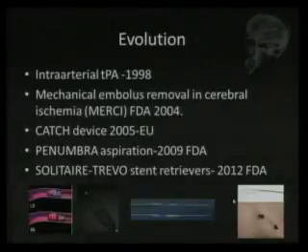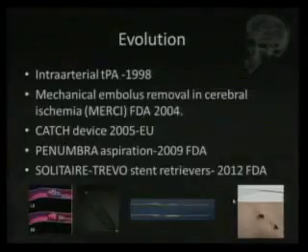Then we moved to the first thrombectomy device, which was called the MERCI device, in 2004. Then we used a device that was like a little basket. This was only approved in Europe in 2005.